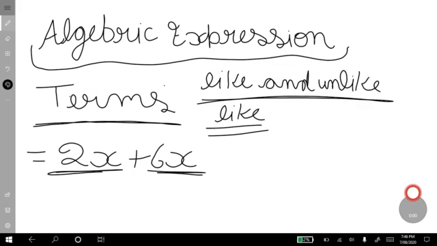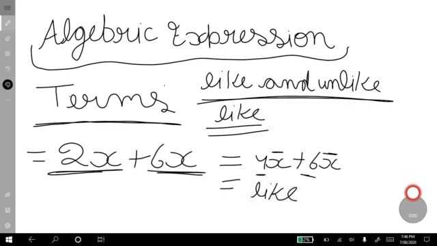Like terms. Here is an example, 4x plus 6x. If you see, the numbers are different, but the variables are the same. We only look at the variables to check whether terms are unlike or like. This one is like because they both have the same variable x.